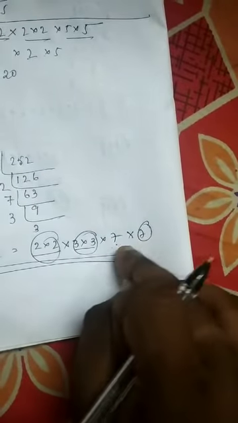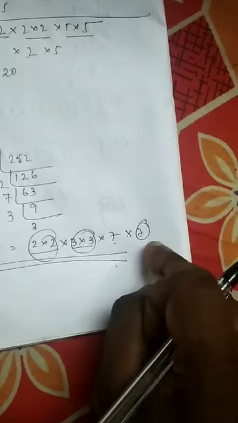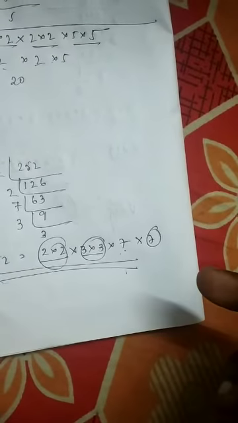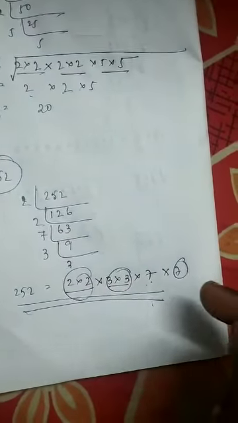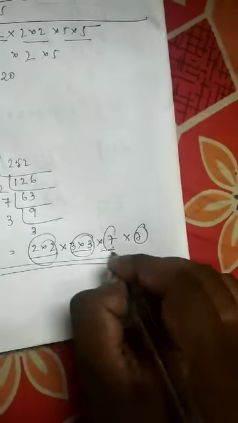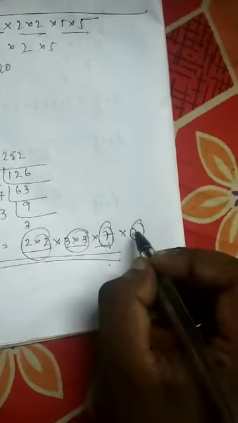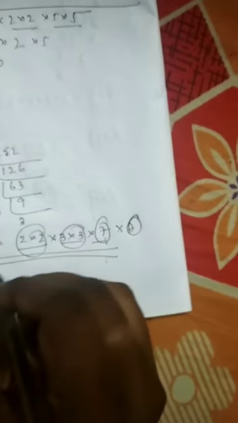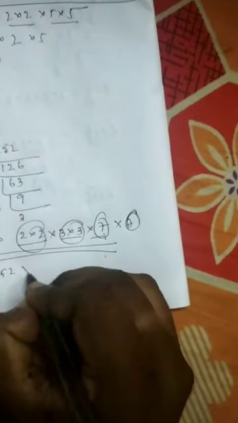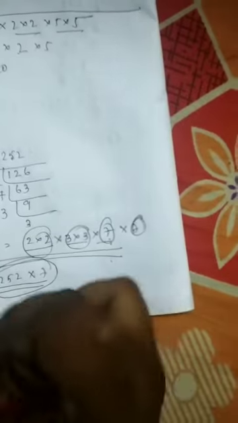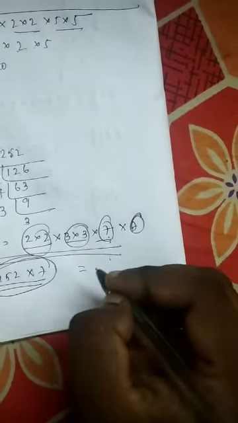As we can see, a 7 is missing in this particular series. So if I bring a 7 from outside, this number becomes a perfect square, because only one single 7 was existing over here. So the least number to be multiplied with 252 is 7.